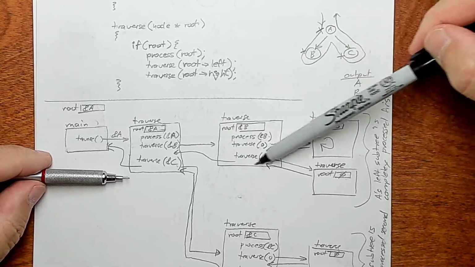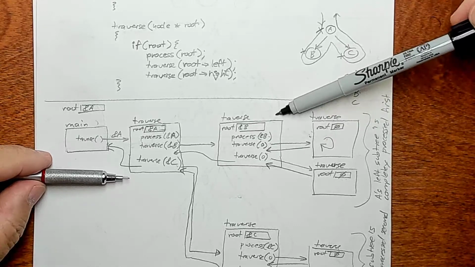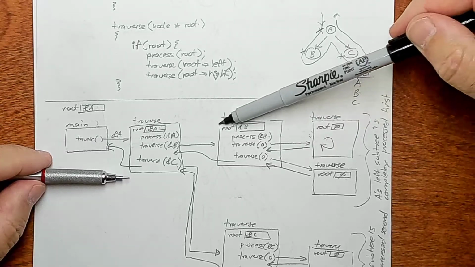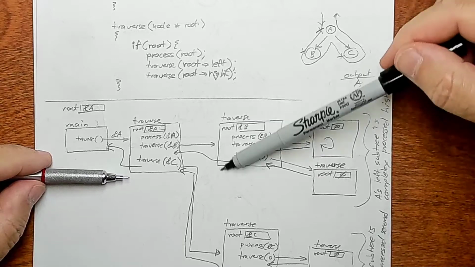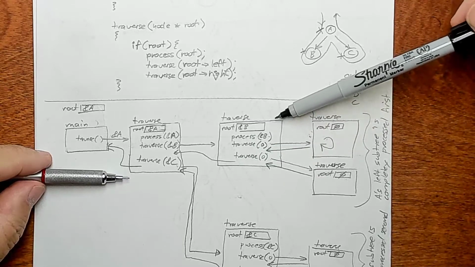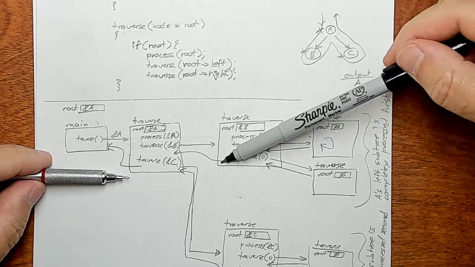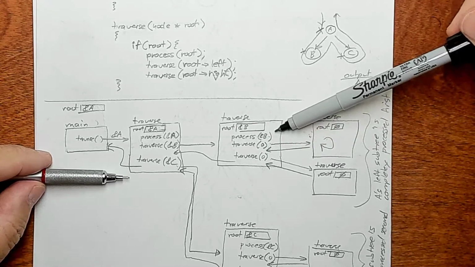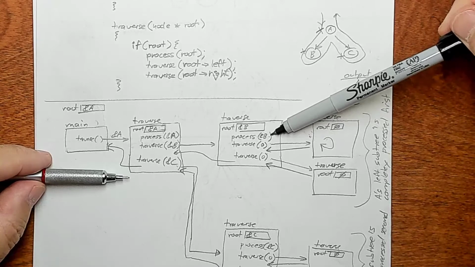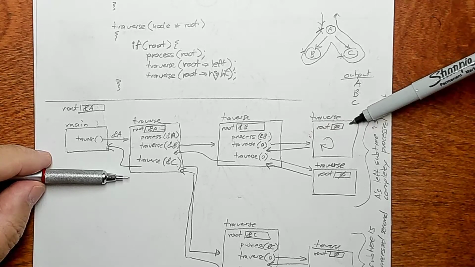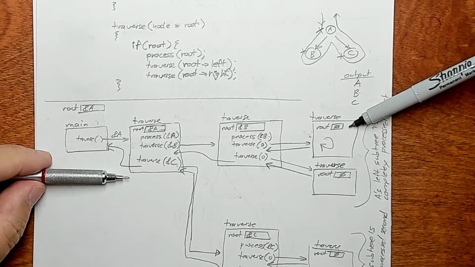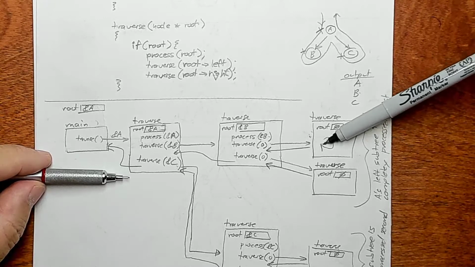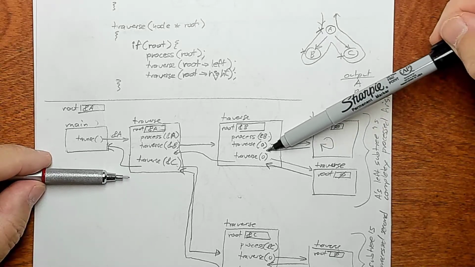So we have another instance of traverse taking up memory resources on the call stack. That's where this guy lives. So there is a stack involved here. Anyway, call B, which results in another instance of traverse taking up room on the stack. The root is null, so this guy returns right away back to here.